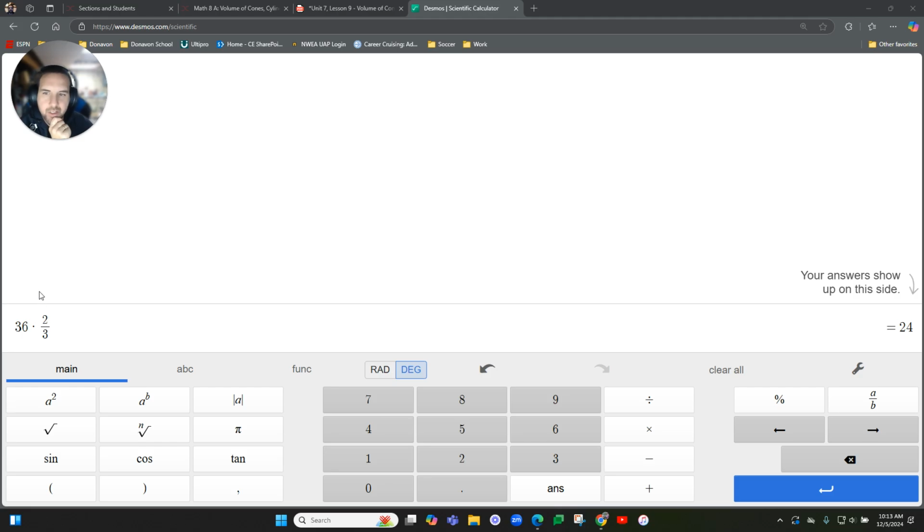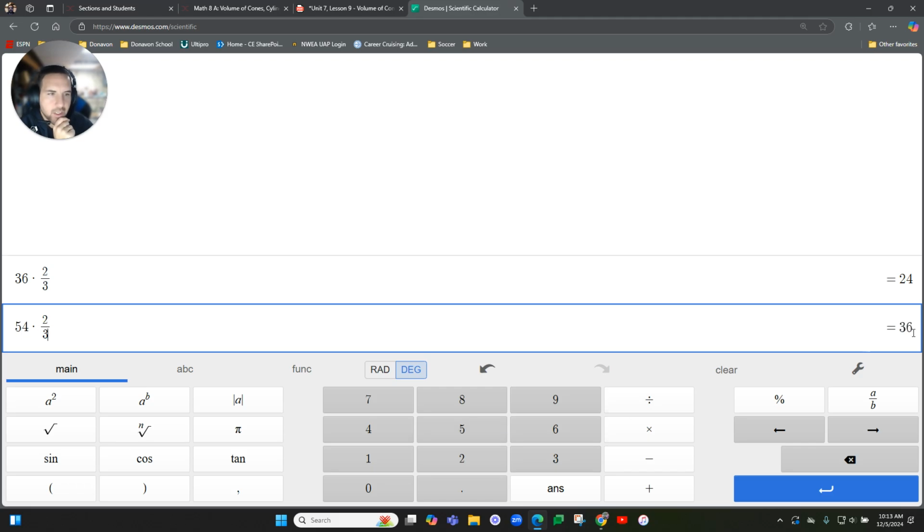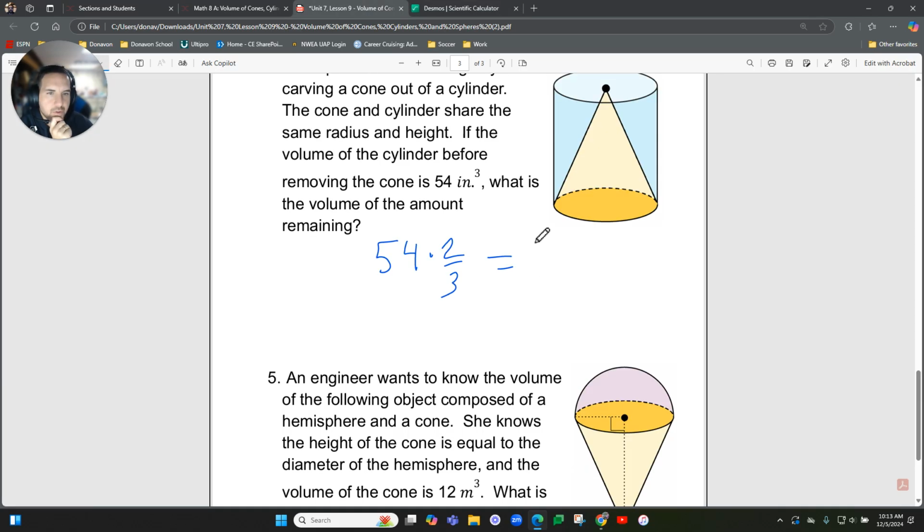All I'm going to do is come back here and change this to, oh, never mind. I'm not going to do that. 54 times 2 over 3 is 36. So 36 inches cubed. Now, what you could have done is 54 times 1/3, and that would tell you how much to subtract from 54.